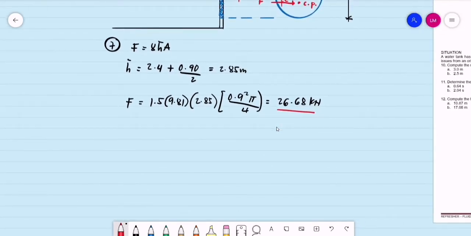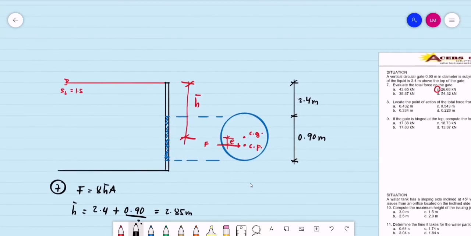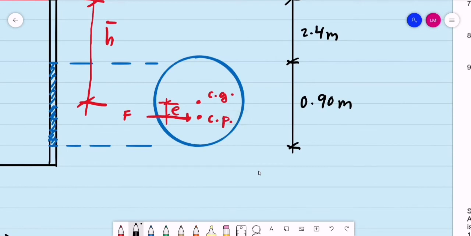So, paano ba tayo nagko-compute ng eccentricity for vertical gates? E is equal to, this is the moment of inertia, divided by the area times the h bar. Ano yung moment of inertia kapag circular section? Kapag in terms of the diameter, ito yung pi d raised to 4 divided by 64. Okay? So, kunin natin yung eccentricity. Pero yung required pala dito is yung distance daw ng point of action ng force mula dito sa ilalim.